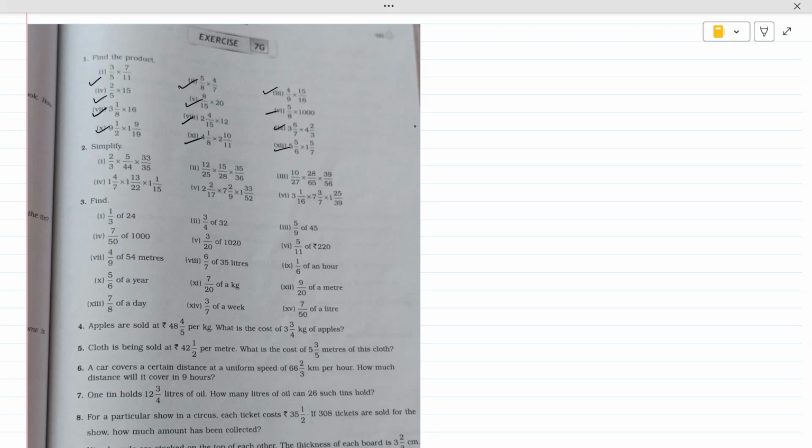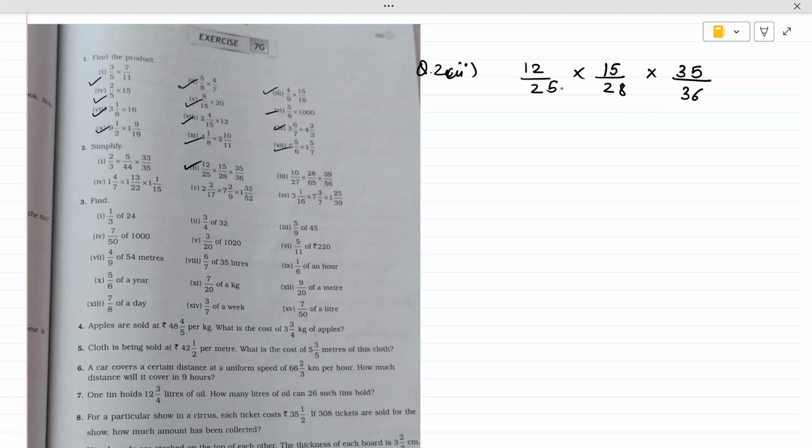So let me pick question number 2 first, the second part. We have 12 by 25 into 15 by 28 into 35 by 36. So let us try these questions.